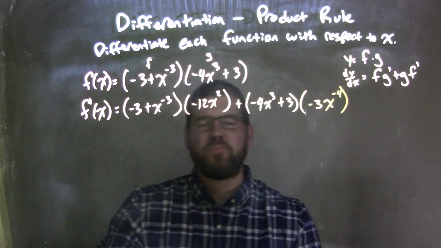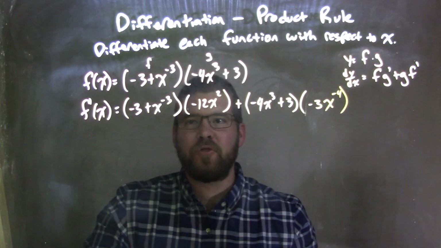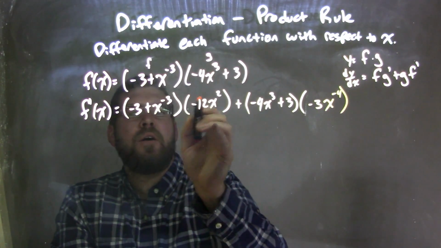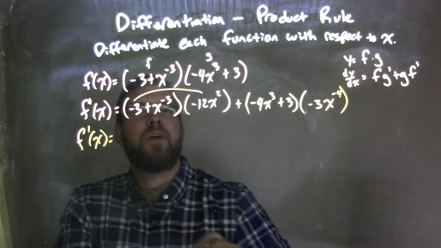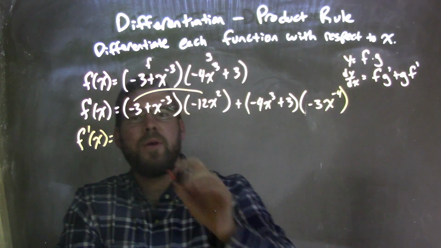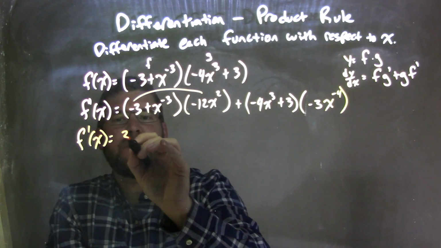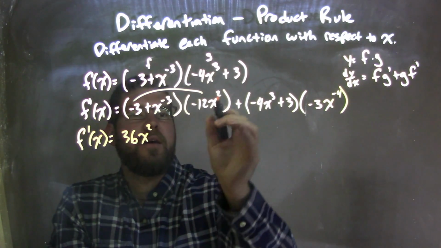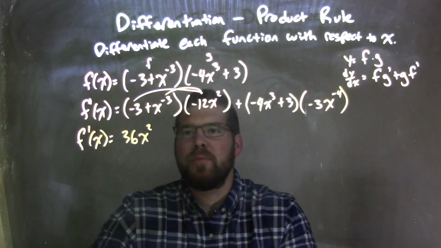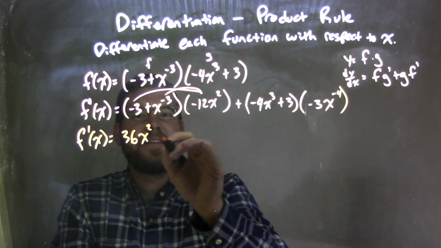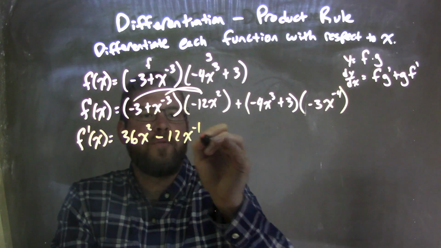All right, so we need to distribute this out. So f prime of x is equal to, distribute negative 12x to the second power times negative 3 is a positive, what is that, 36x squared. Negative 12x to the second power times x to the negative 3 power is negative 12x to the negative 1 power.